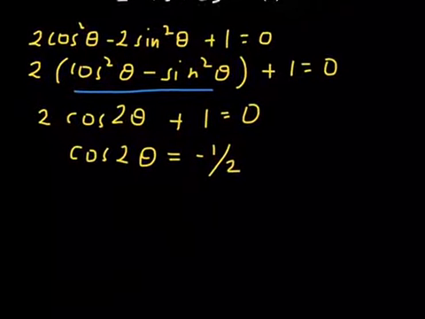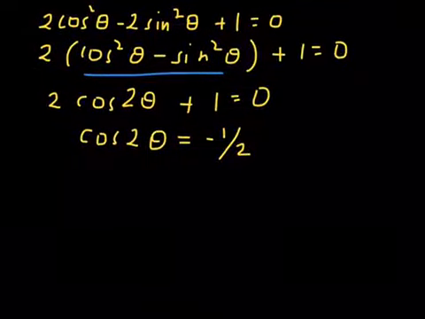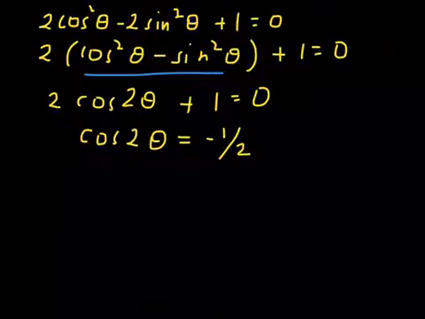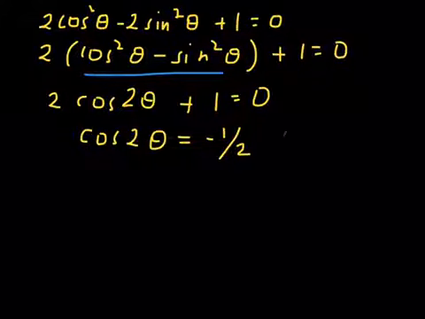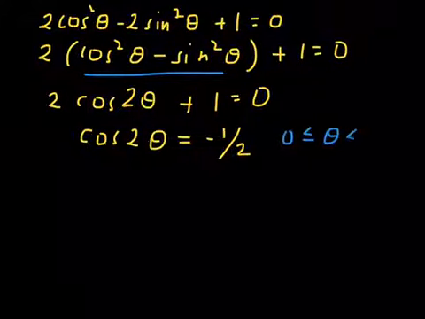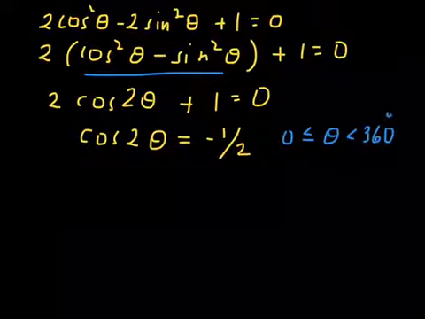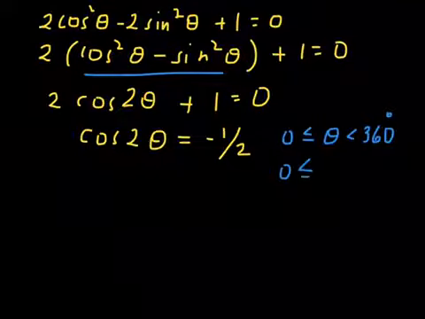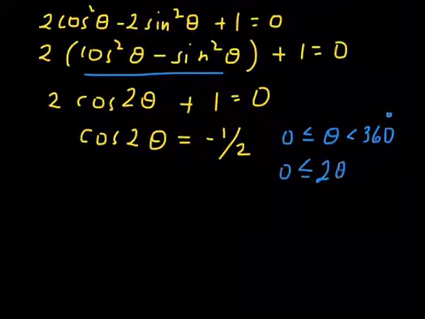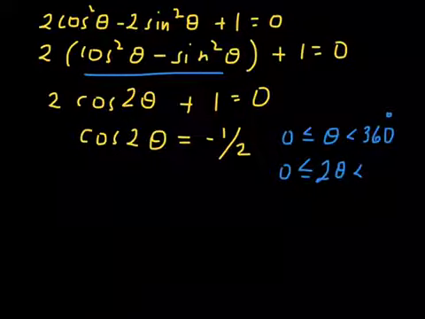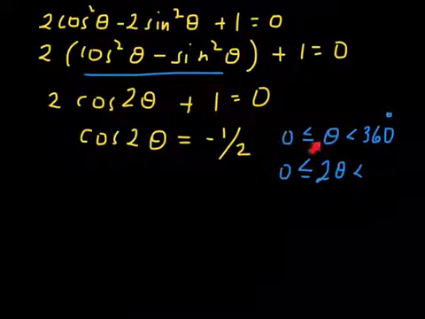We know that we're solving for theta here. Now watch this. Theta has to be between 0 and 360 degrees. That's what the problem said. But right now, this argument is 2 theta. So when you consider substitutions for 2 theta, you have to multiply theta by 2 to get 2 theta.